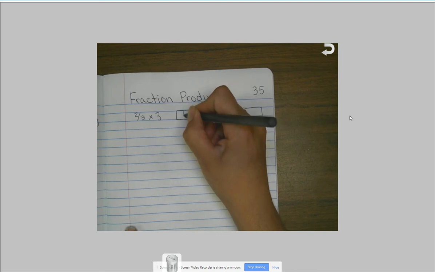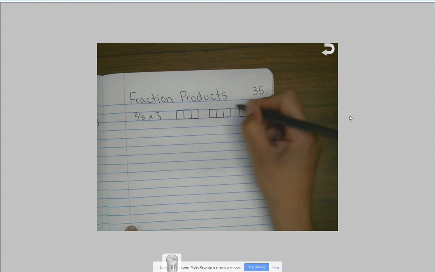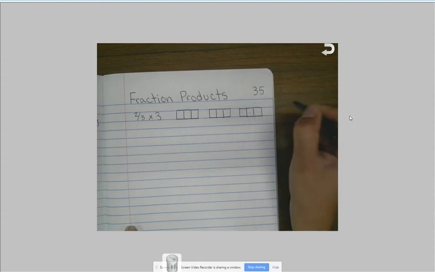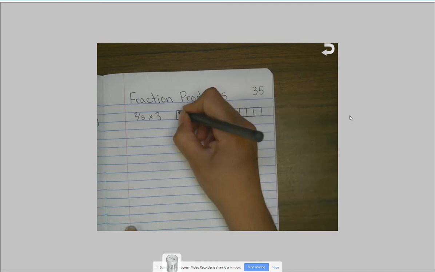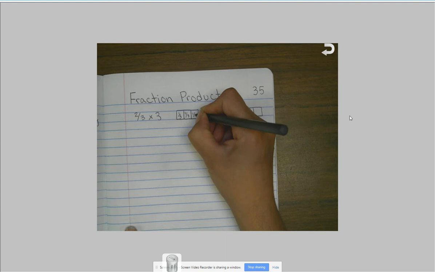So let's split them each into thirds. Each one of these represents one whole, and so each one of these sections would represent 1/3.